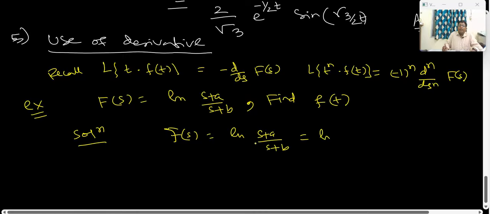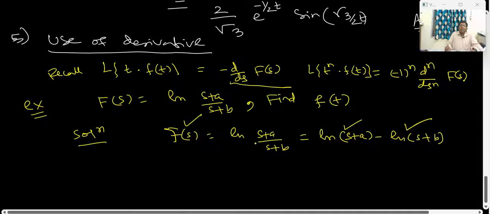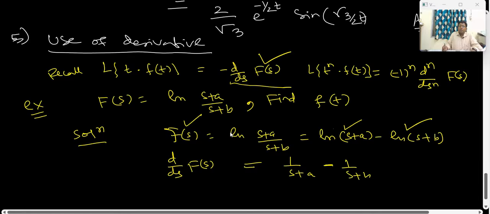You can write it as ln(s plus a) minus ln(s plus b). Now it is easy to differentiate it. You keep in mind minus d by ds of F(s). If you differentiate the right hand side, it will be 1 by (s plus a) minus 1 by (s plus b).